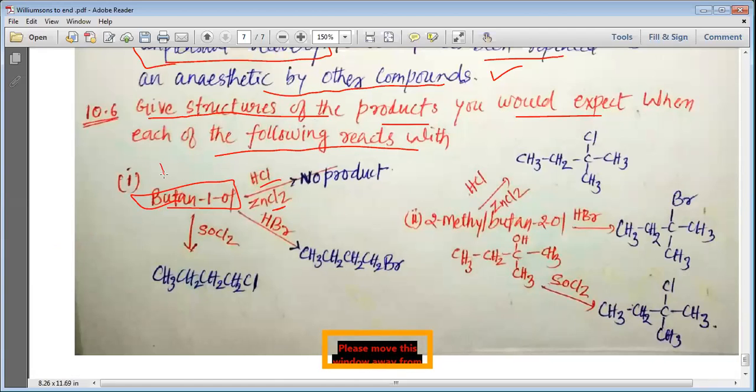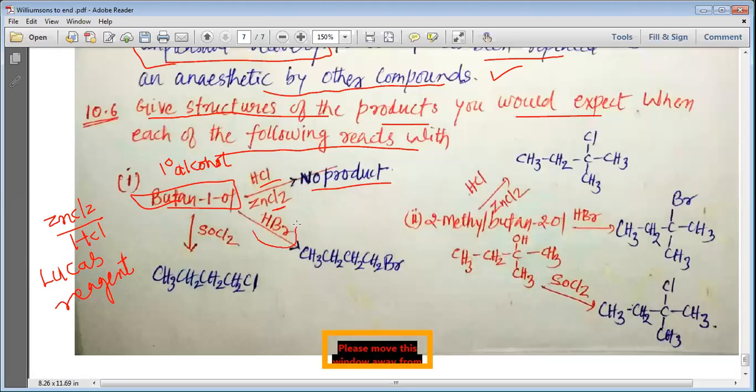Butanol is a primary alcohol, and ZnCl2 with concentrated HCl is known as Lucas reagent. The Lucas reagent does not give any product with the primary alcohol, so we can write no product.